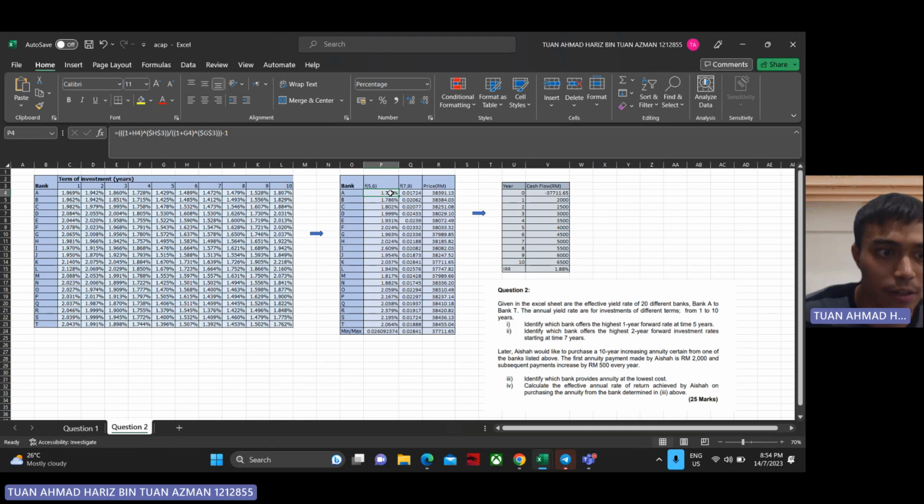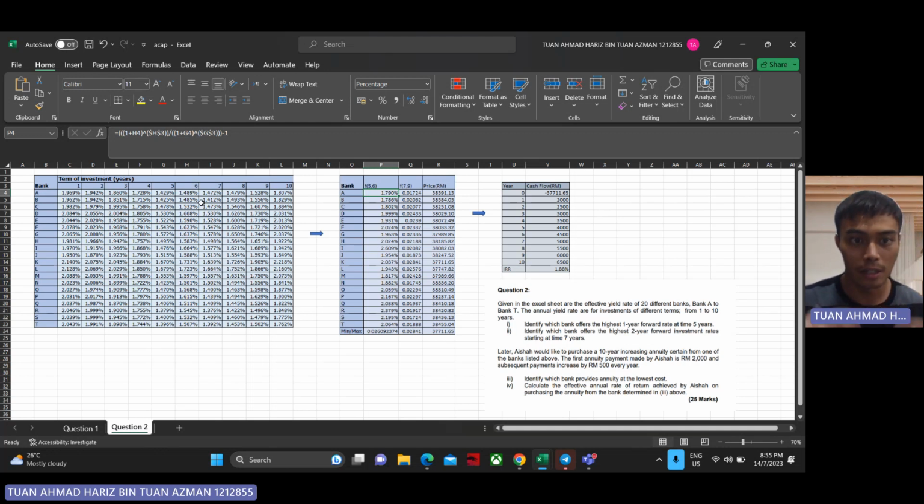All right, so we look at bank A first. How do we calculate? We calculate it by taking, firstly, 1 in the bracket, 1 plus spot rate 6, which is H4, 1.489%, and then close the bracket, to the power of 6, which is in cell H3, 6.